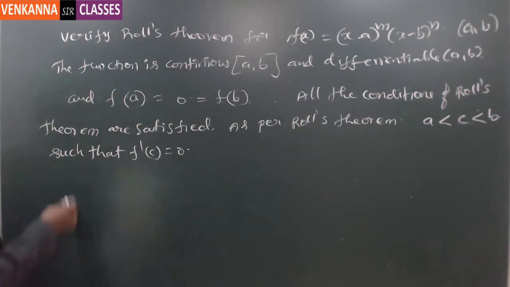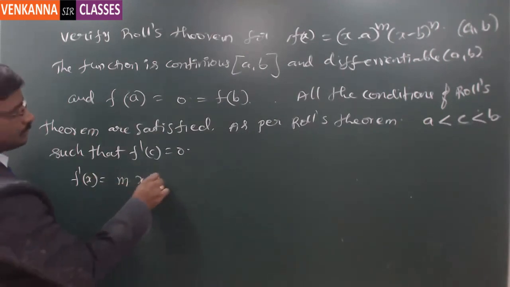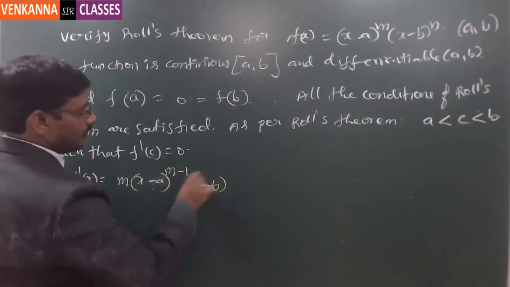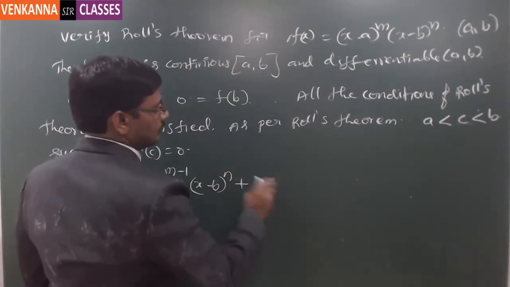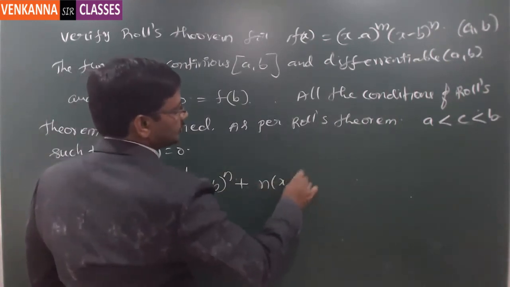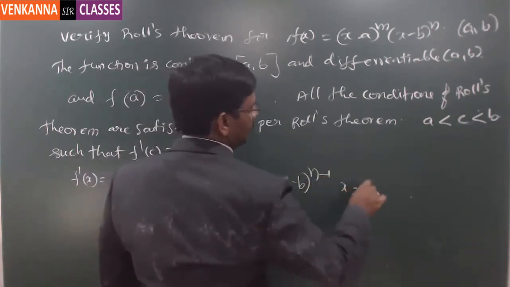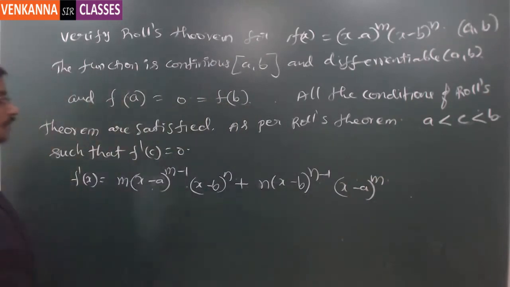Now the derivative is f dash of x is equal to m into (x minus a) whole power m minus 1 into (x minus b) whole power n, plus n into (x minus b) whole power n minus 1 into (x minus a) whole power m, right? So this is the derivative of the function.